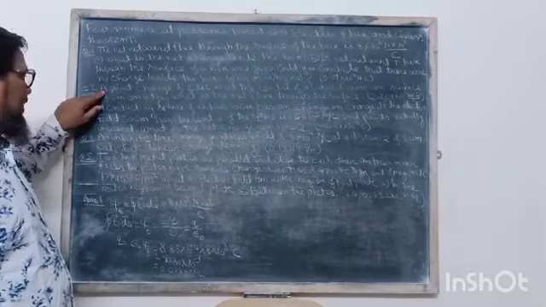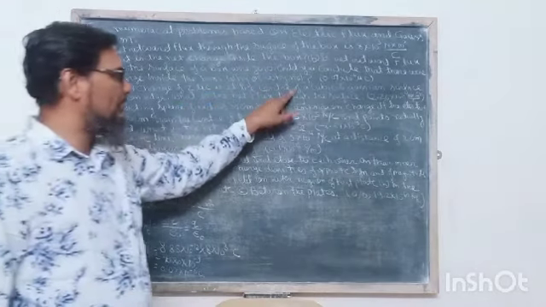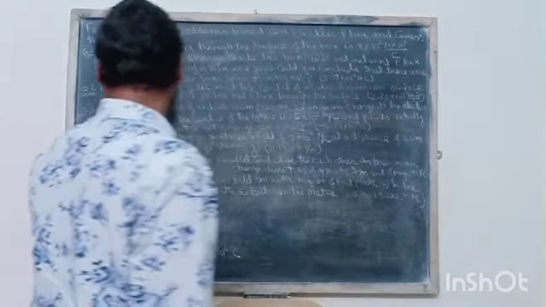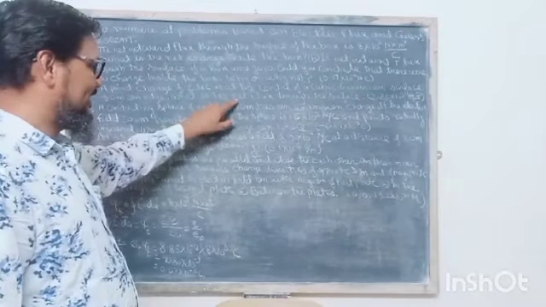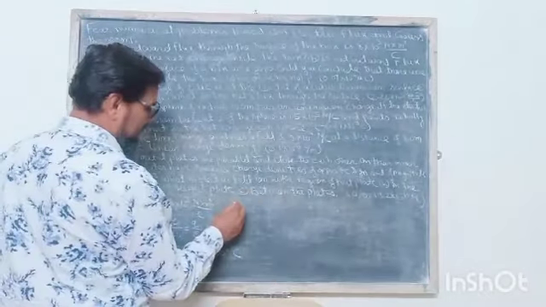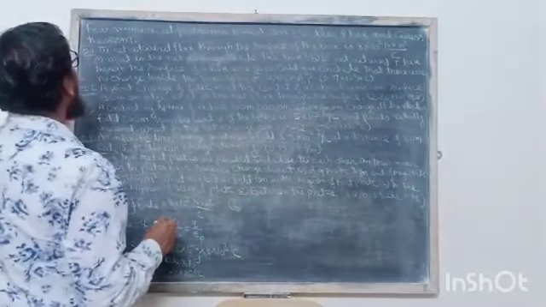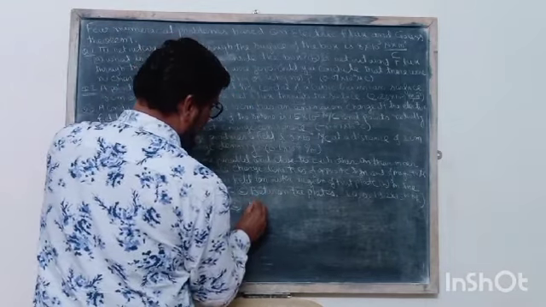Now the question number 2: a point charge of 2 microcoulomb is at the center of a cubic Gaussian surface 9 cm on edge. What is the net flux through the surface? The answer of question number 2 is: the magnitude of charge is given to us.